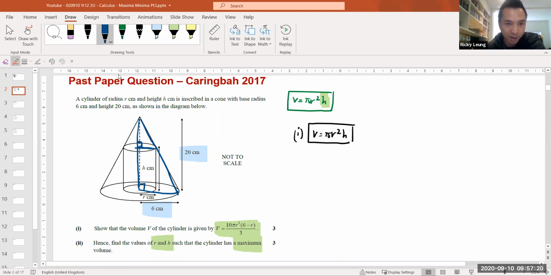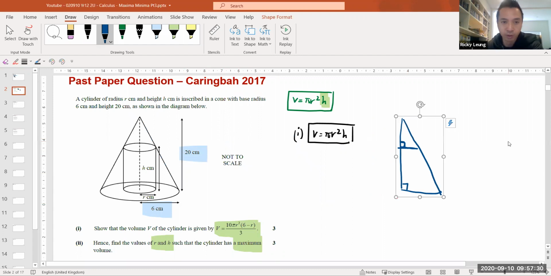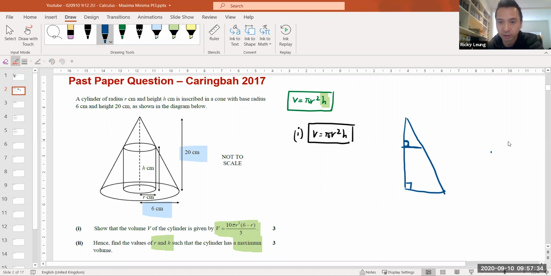whereby I'm gonna move this triangle over here, whereby the small side there is r, that's 6. The long side there is 20. And what I have here, from here to here, that's actually the h.